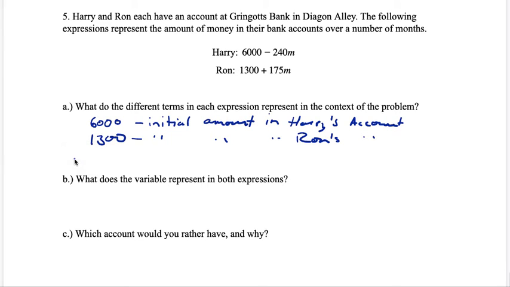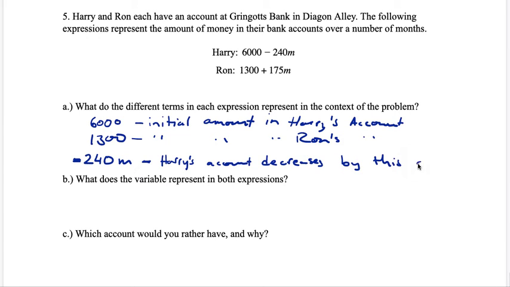The negative 240M, right? Recognize your sign goes with it. That's telling us that what this represents in this term here is that Harry's account decreases by this amount each month, and specifically any given month.